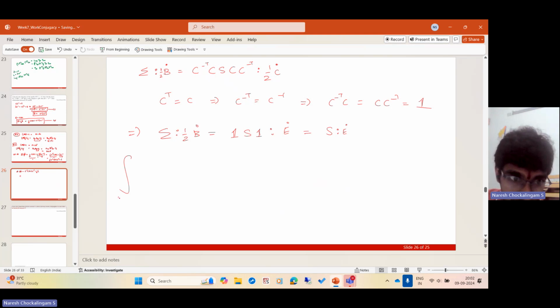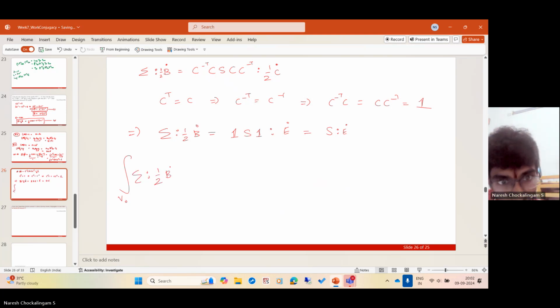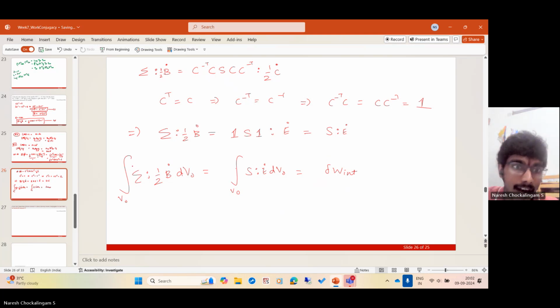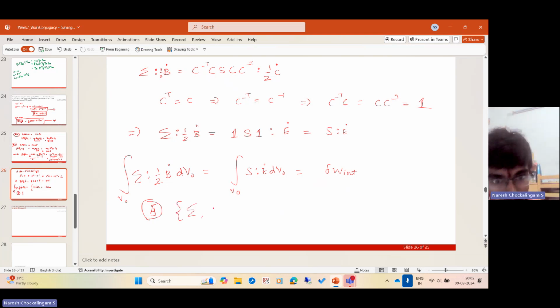Therefore, the integral over the initial volume of sigma half B dot dV naught is equal to the integral of S E dot dV naught, which is the internal virtual work done. Therefore, the fifth work conjugate pair with respect to the initial configuration is sigma and half B dot.